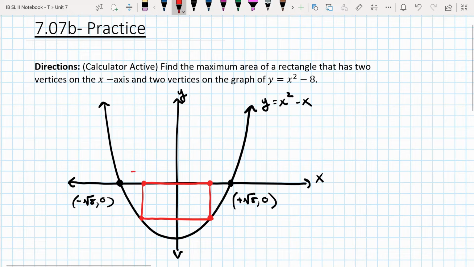These coordinate points here we're going to call negative x, because we don't know what the x value is. We're going to solve for this x value, and this will be positive x, comma 0. All right, and then lastly, this is 0, comma negative 8.